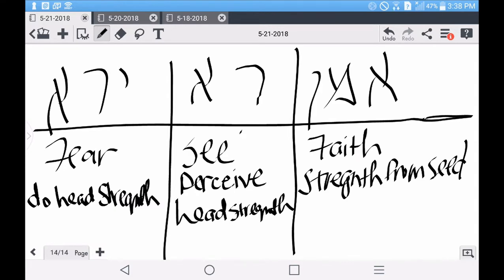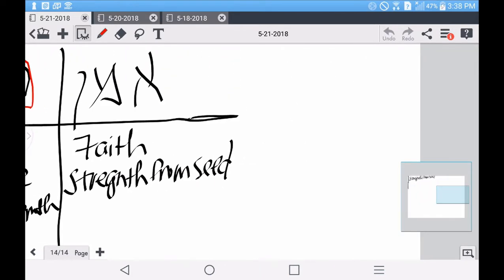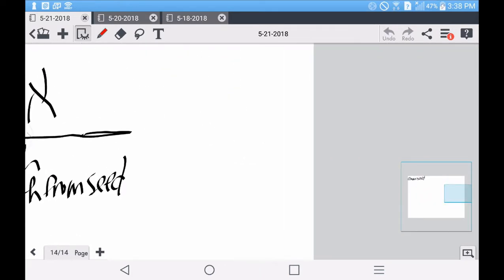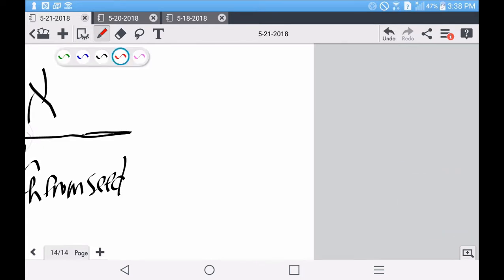All right. Well, now we want to look at another word whose foundation is this word over here, Ra, and that word is Korah.